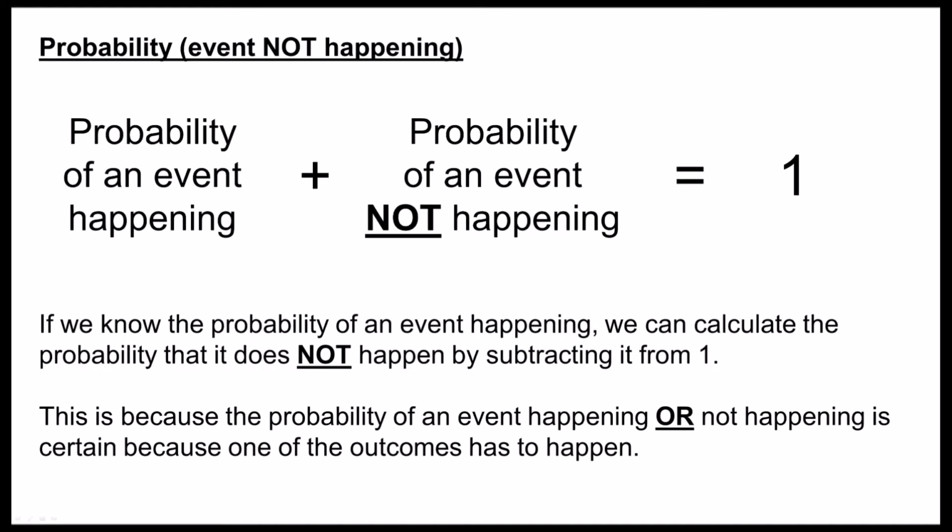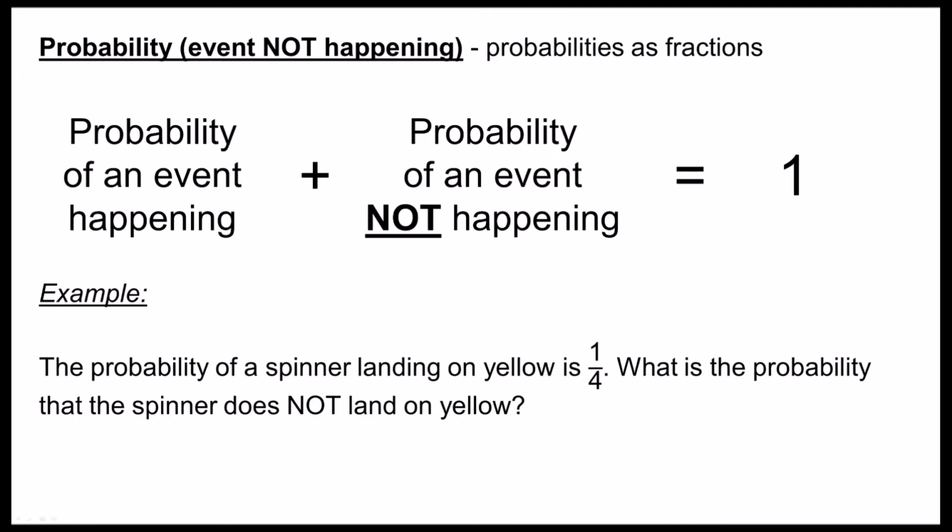The best way to demonstrate this is by having a look at some examples. So in this first example, it says the probability of a spinner landing on yellow is 1/4. What is the probability that the spinner does not land on yellow? To do this, we want to work out 1, take away the probability of the event, which is 1/4.